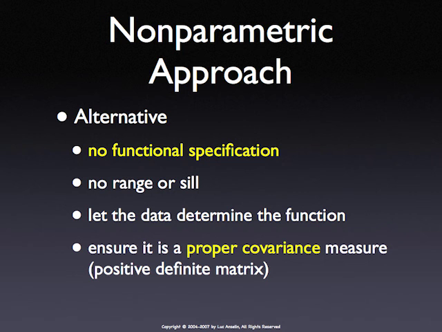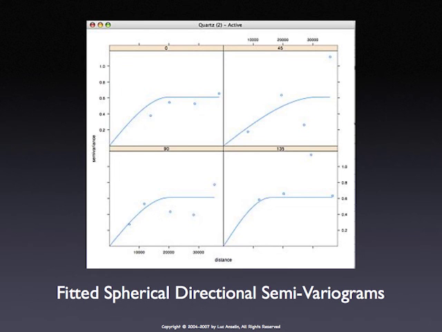There is one catch here. One of the reasons why these theoretical functions like the spherical variogram or the exponential variogram are so attractive is that they give you a variance covariance matrix that is proper. Proper meaning positive definite. Positive definite is the extension to matrices of the notion of a positive value.